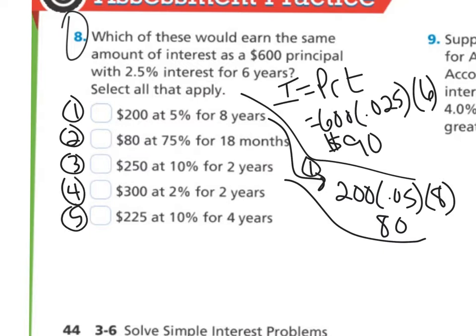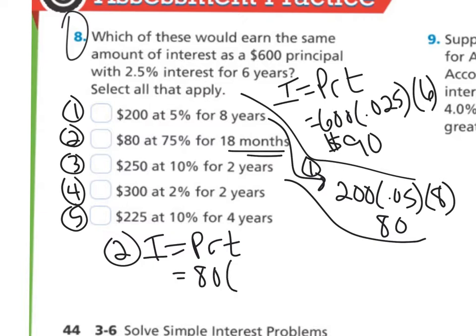So that was number one. Number two is a little bit different because if you'll notice, that is 18 months, not 18 years. So if I go to set this up, I know 80 and 75%. That's a big percentage. And then the time.